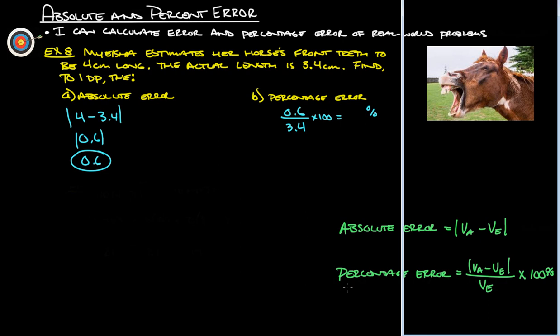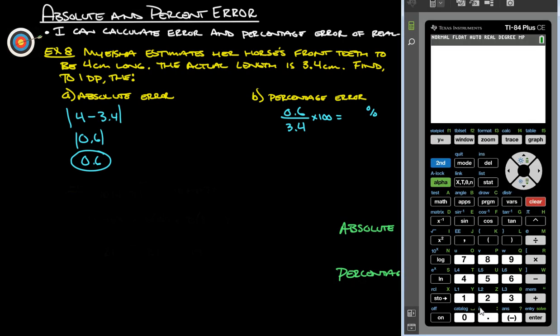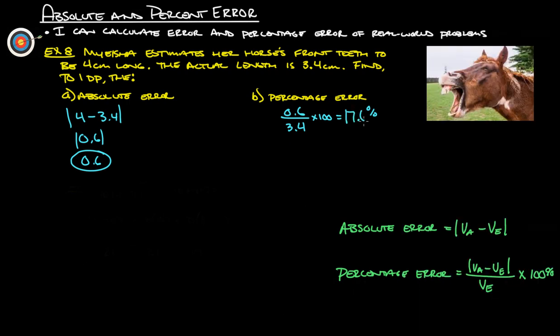Okay, so we'll bust out our calculator here and do 0.6 divided by 3.4, and that gives us that. And you can just simply move the decimal over 2 spots, or multiply by 100, and that gives us 17.6%. So Maisha was off by 17.6%. That was her percent error.